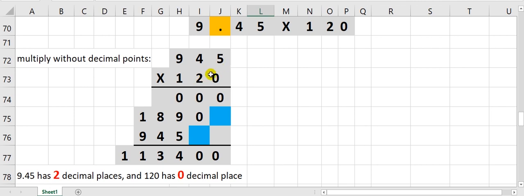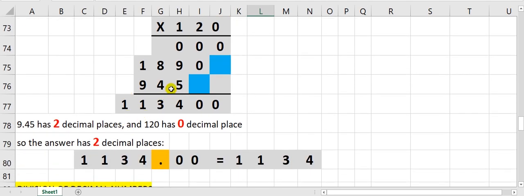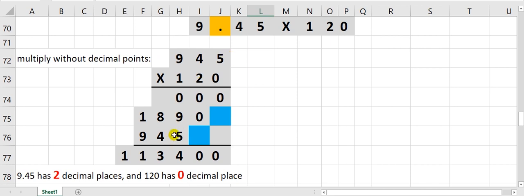Then 2 by 5, 2 by 4, 2 by 9. As we explained before, this is the right. 2 by 5 equals 10, 0 and carry 1. 2 by 4 equals 8, 8 plus 1 equals 9, and complete. The third, 1 by 5. Take care, every time we shift one place to the left.